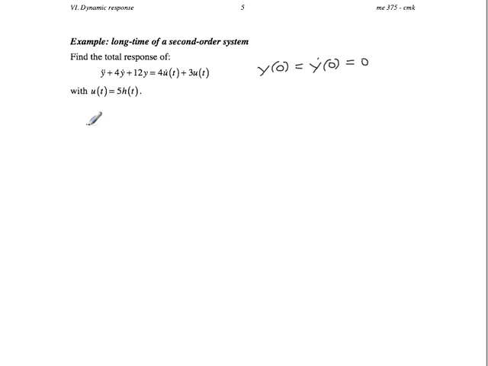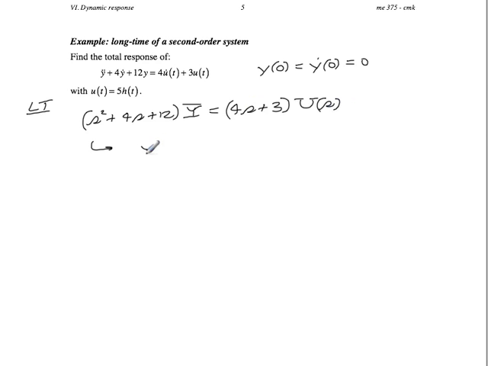So with that, when I take the Laplace transform, I get s squared plus 4s plus 12 times Y. The right hand side, I get 4s plus 3 times U, U being the Laplace transform of our input.